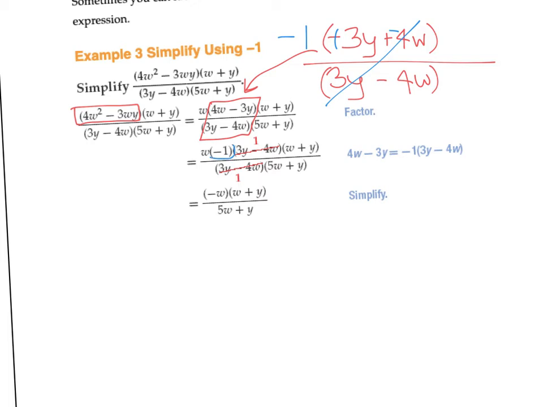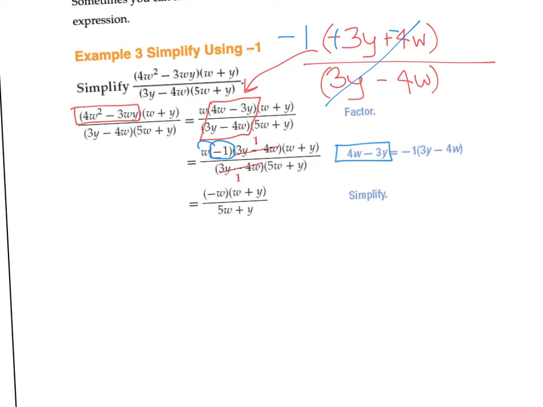Now I still have this negative 1 here, so we still have to take that into account in the numerator. All right, and we can just multiply that by the w, make it a negative w just to clean it up. You'll see the explanation here as well. So we had 4w minus 3y, and when we factor out that negative 1, it turns into a positive 3y minus 4w.